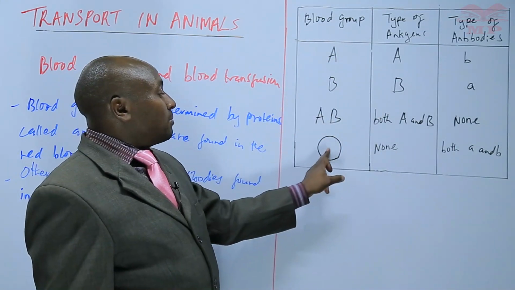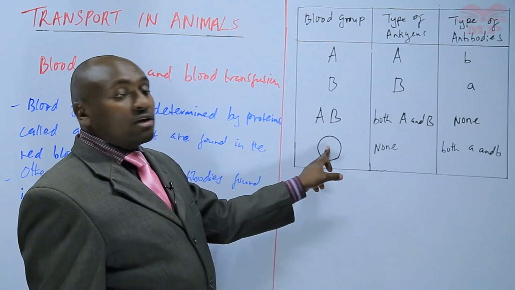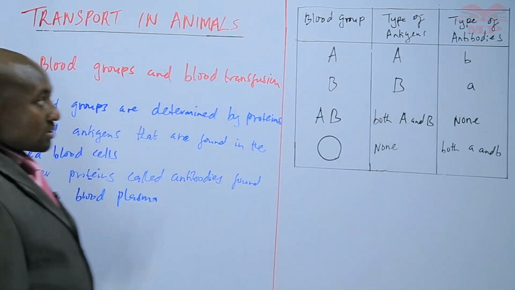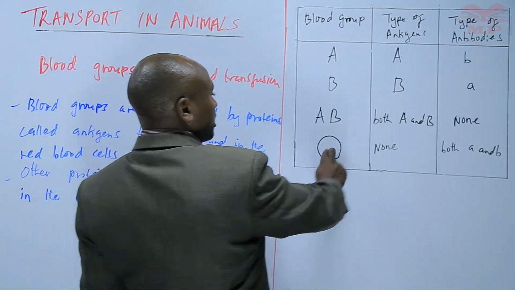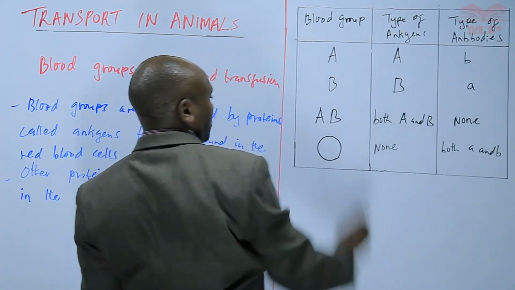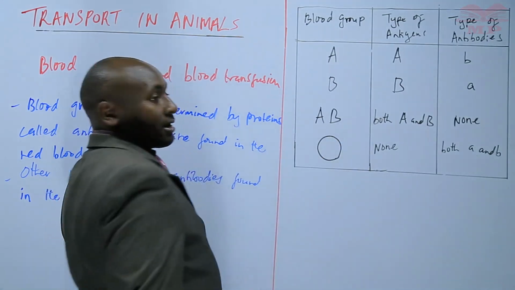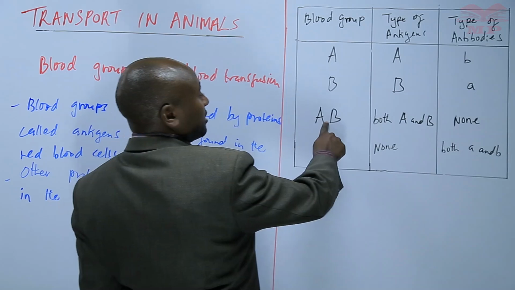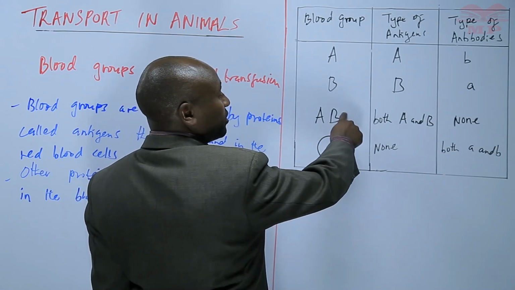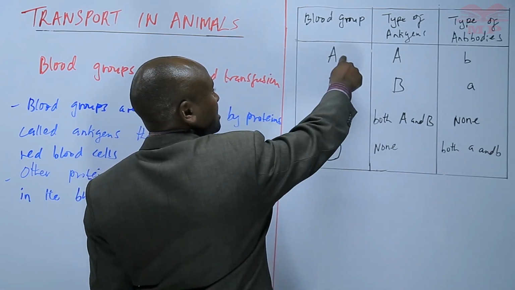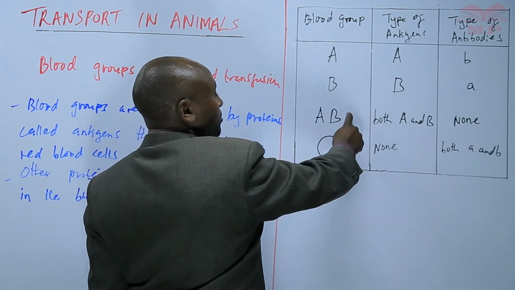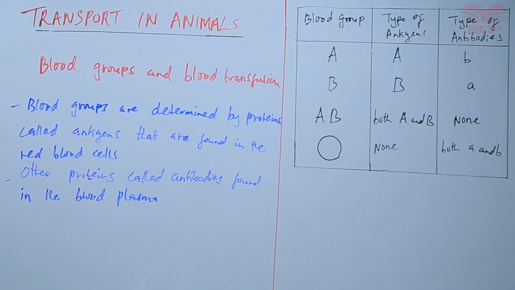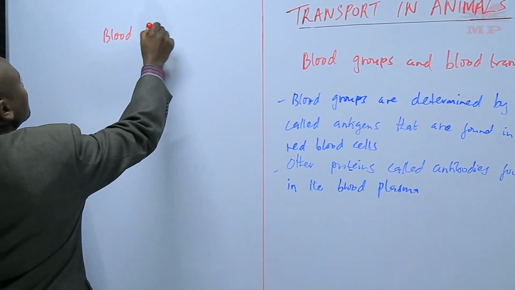And then the person with blood group O is a universal donor, that this person can donate to all the blood groups. So O can donate to AB, to B, and to A, and also to O, like herself or himself. For AB, this is a universal receiver or universal recipient, and this can receive from A, B, AB, and O. So that is what is considered during blood transfusion.